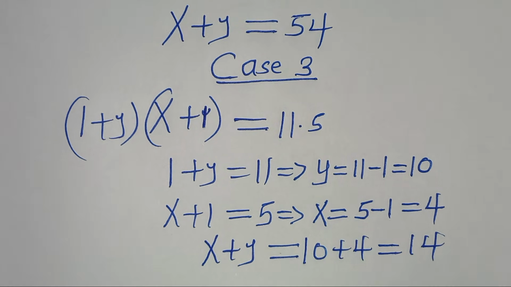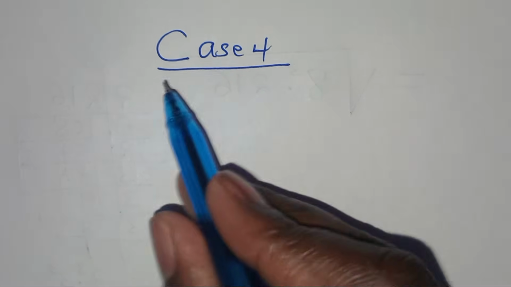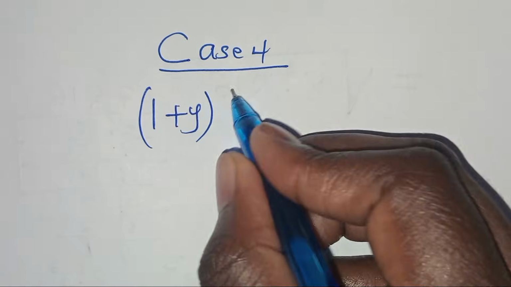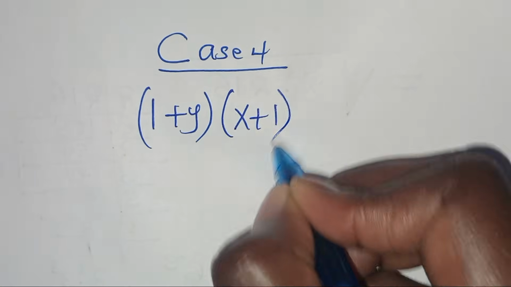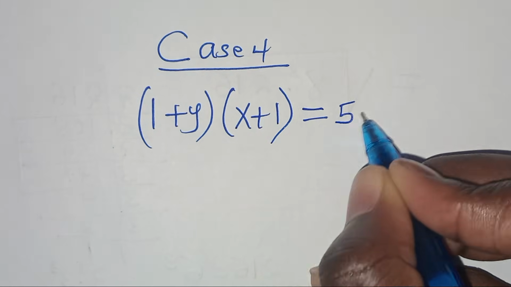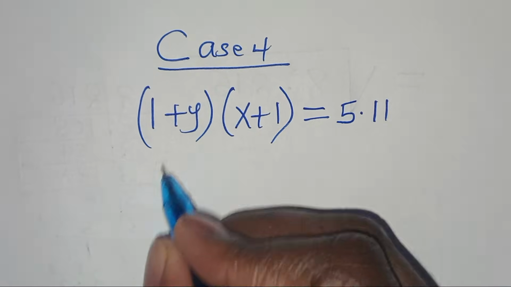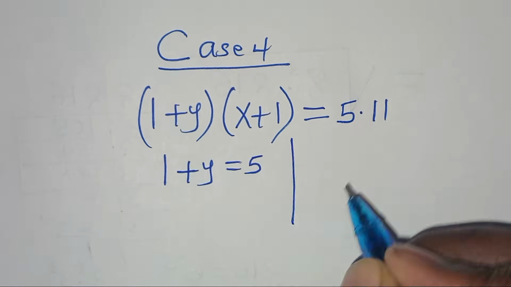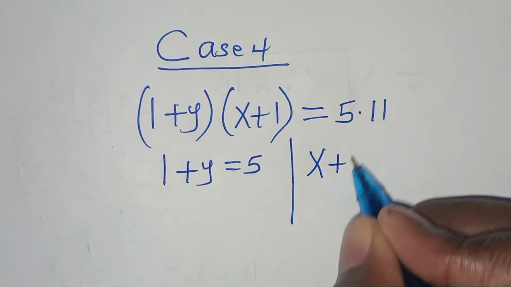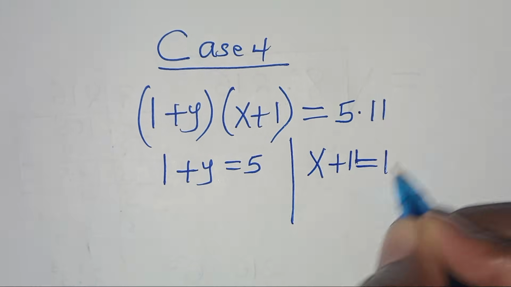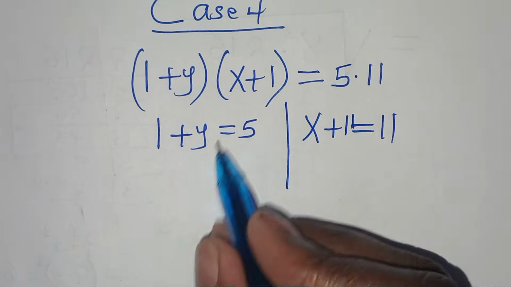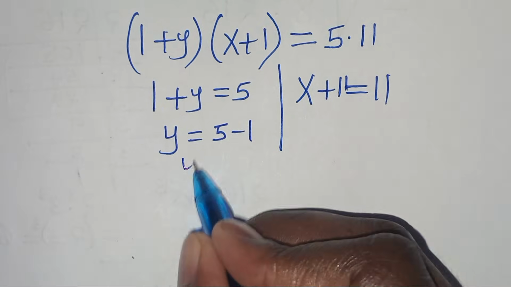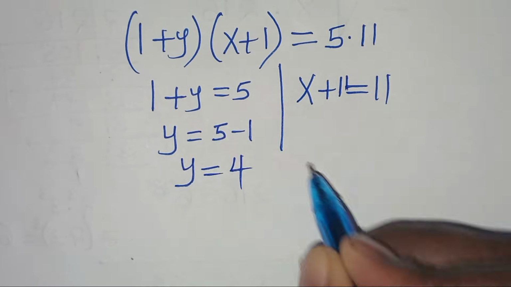So let's proceed to case 4. Now in case 4, we have (1 + y)(x + 1) = 5 multiplied by 11. So 1 + y = 5, and x + 1 = 11. So y = 5 subtract 1, which means y = 4.